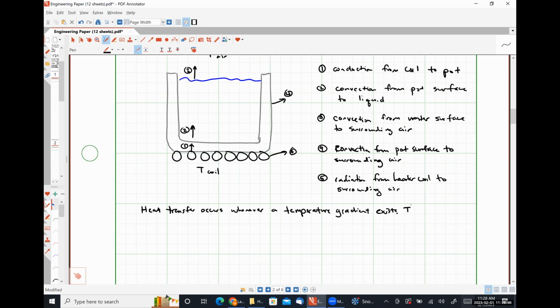The ability of a medium to transfer heat between 2 points is quantified by its thermal resistance.